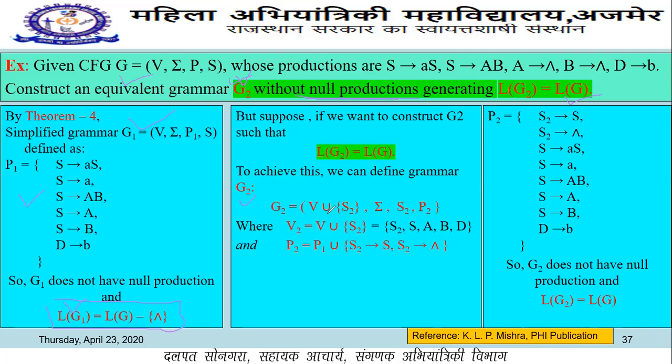Like this, we include one new starting variable, and this starting variable indicates null for the null string which is available in grammar G. We include this new starting variable S2, and that denotes this null. This is because we want to add a null string in the finalized simplified grammar.